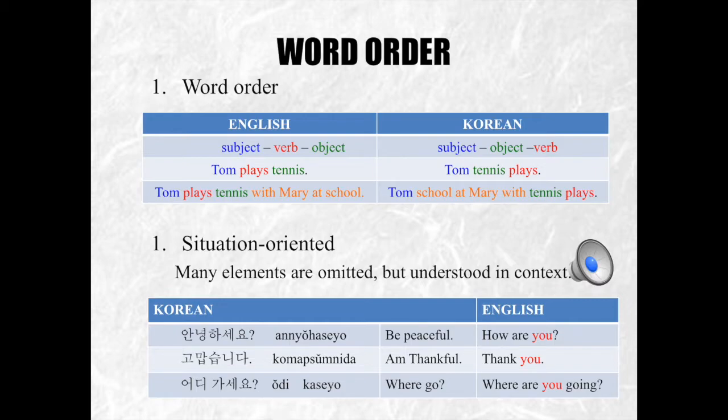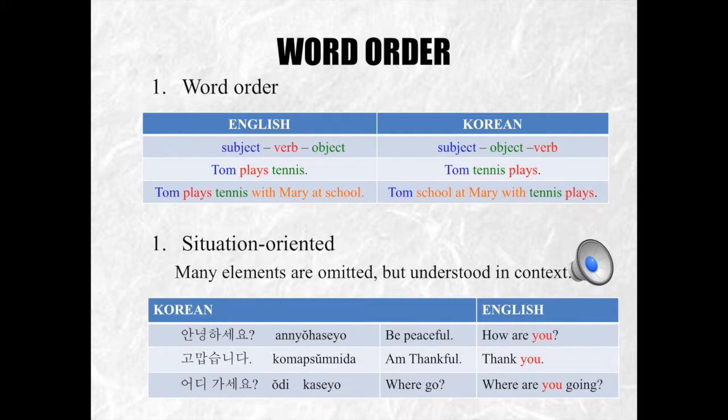Same thing with thank you, 고맙습니다. It doesn't say who you're thanking, but depending on the context, chances are you're just speaking with one person. The speaking partner, the interlocutor, is the one that you're thanking. 어디 가세요?